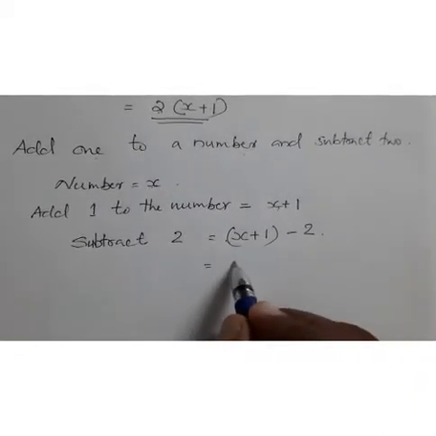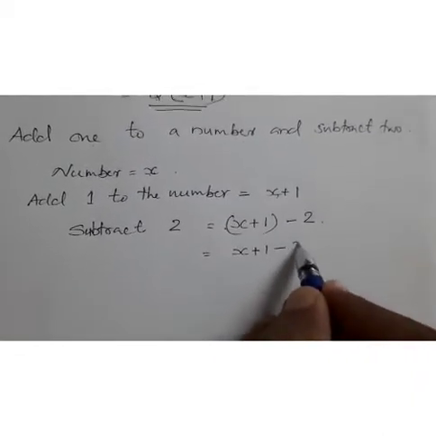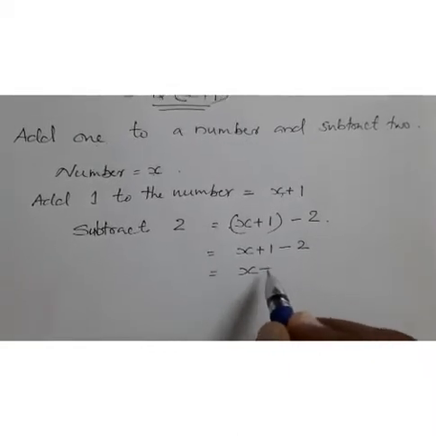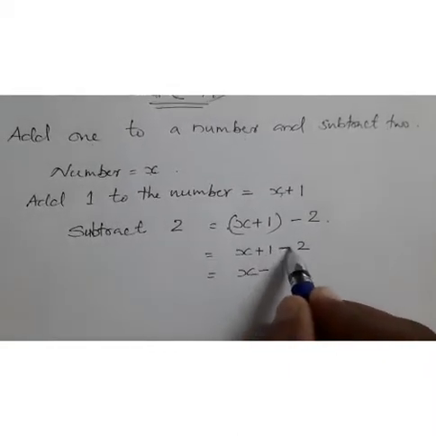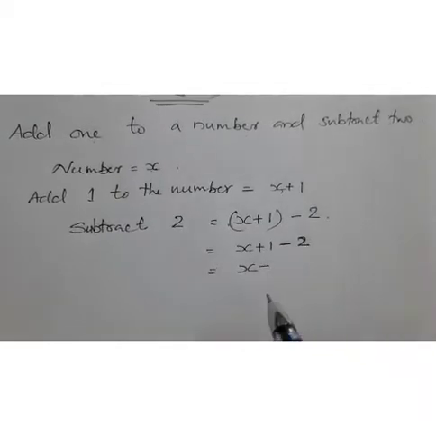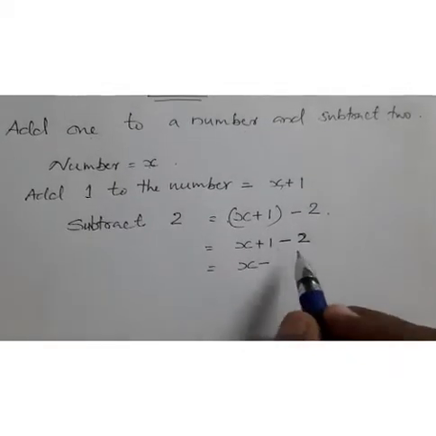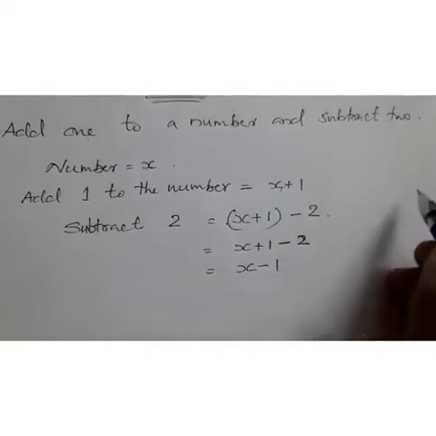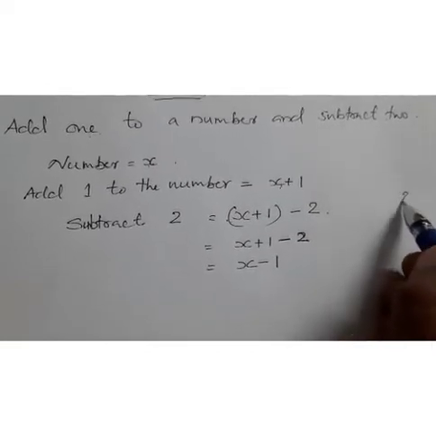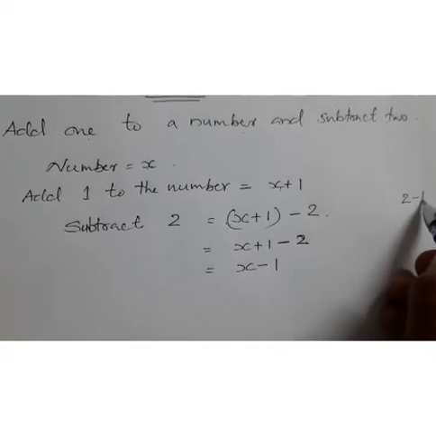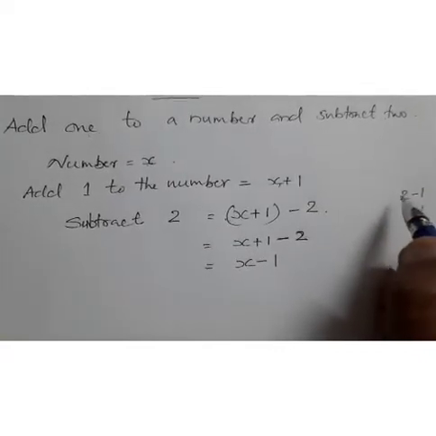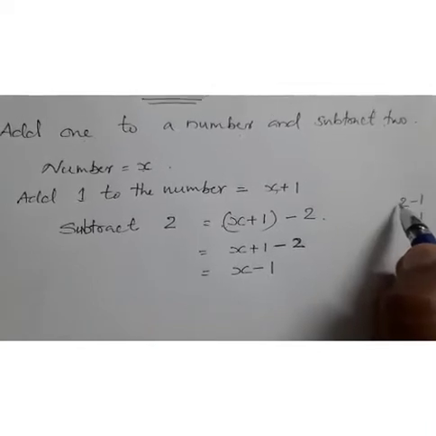So if you remove the bracket, x plus 1 minus 2 you will get. We have to find out 1 minus 2, it is minus 1. You have to subtract from bigger number to smaller number, and you have to add the sign of the bigger number.